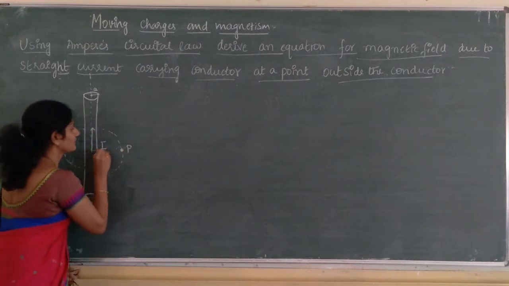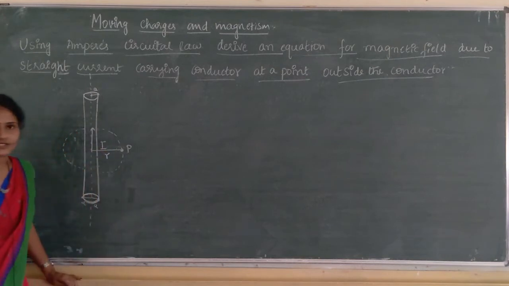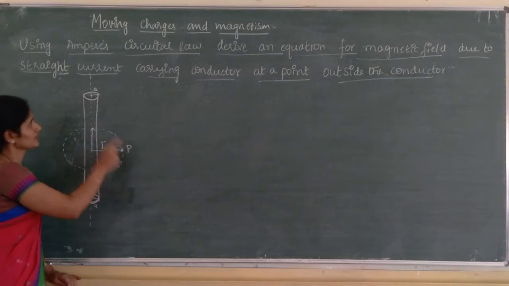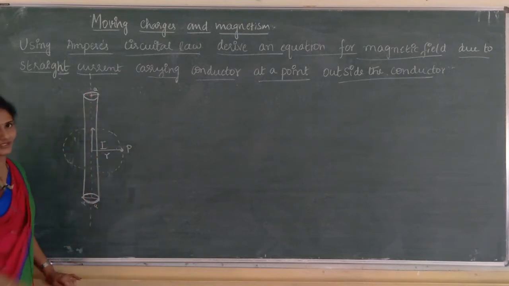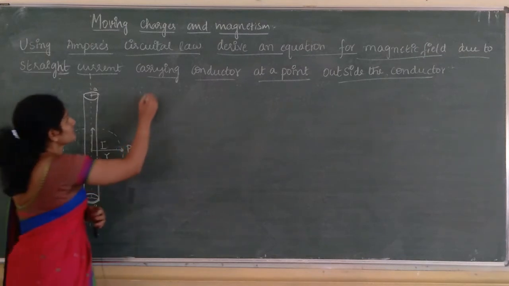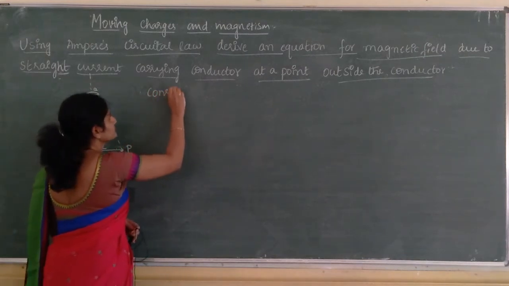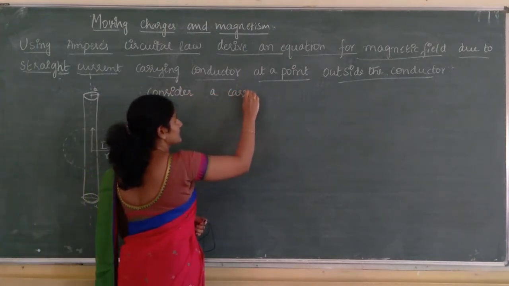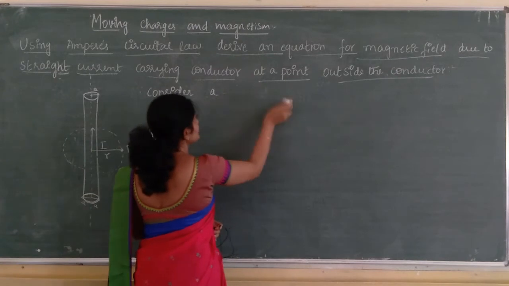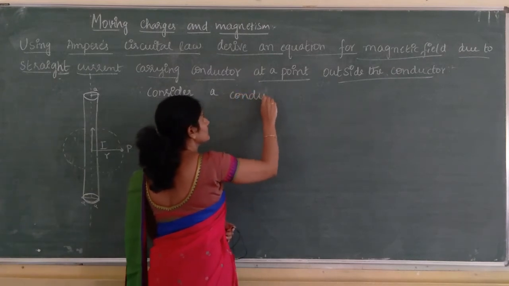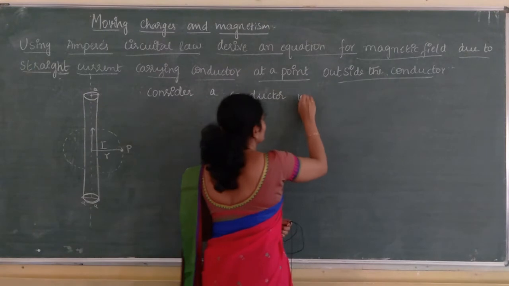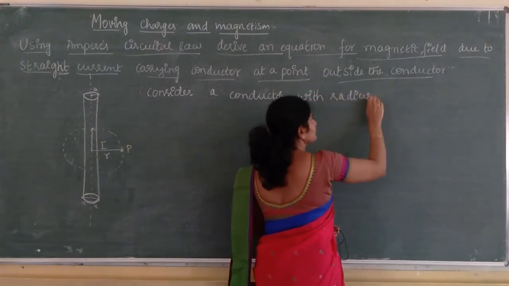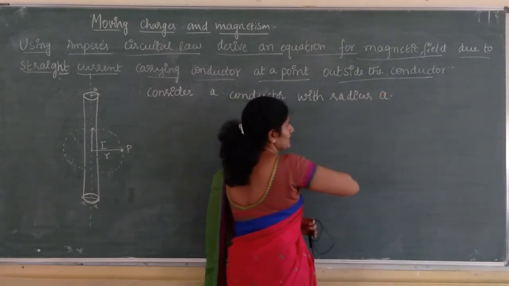Now, let us see what is the expression for magnetic field at a point P due to this I. Let R be the distance from the axis to the point P. A is the radius of the wire. So, consider a current carrying conductor with radius A. A is the radius of the conductor.